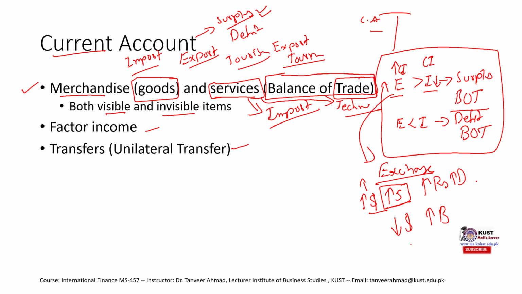And what would happen to the exchange rate? Obviously the rupee would appreciate, right? The rupee would strengthen. So if currently we have 160 rupees per dollar, we might see an exchange rate of 150 rupees per dollar. This is the rupee strengthening.